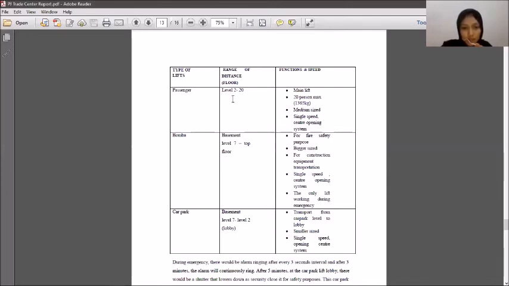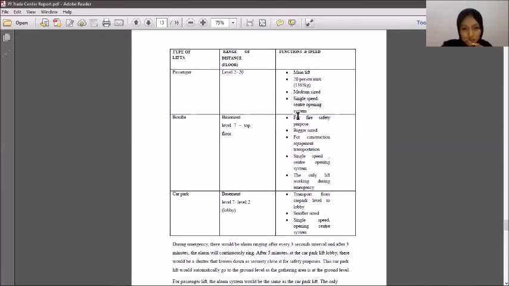Passenger lifts are located from level 2 until 20. It is the main lift and has a maximum weight of 1,365 kilograms. It is a medium-sized elevator and also has a single speed and center opening system. The bomber lift is located from the basement until the top floor.